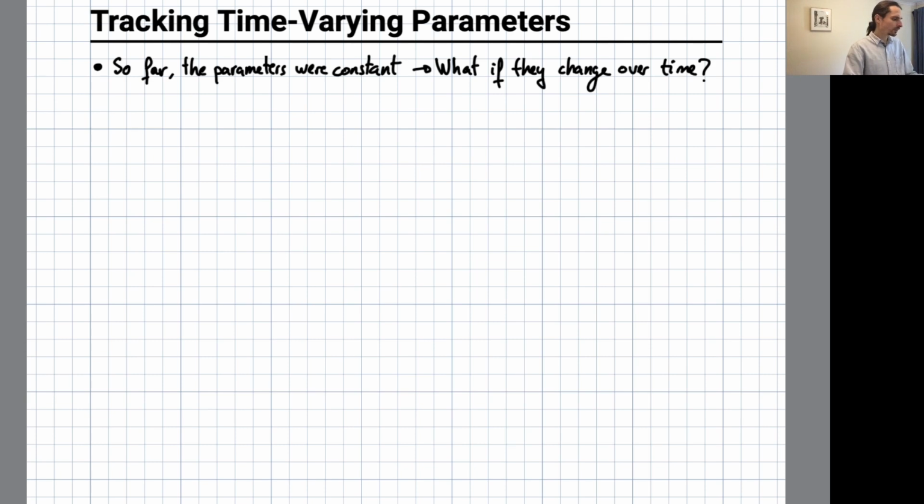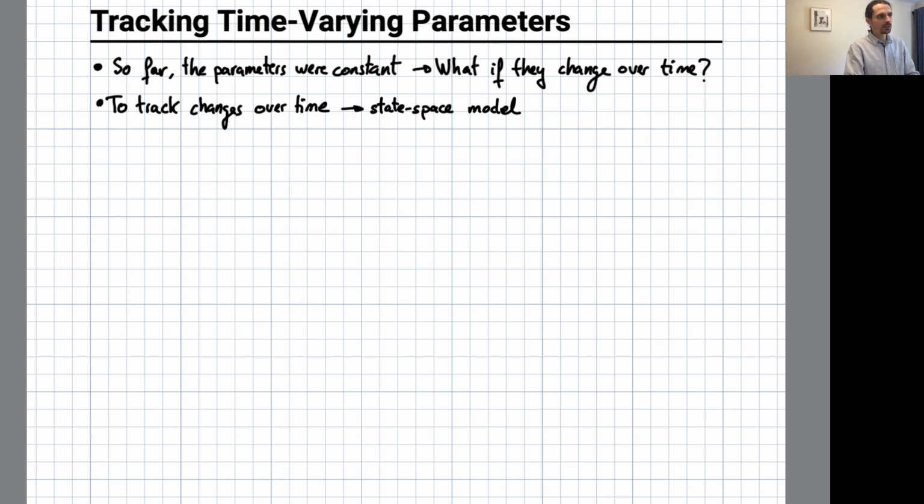So therefore, we need to extend this framework to accommodate time-varying parameters. The typical approach to do this is by modeling the time evolution of the parameters by means of what we call a state space model.